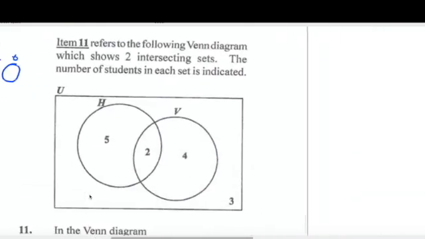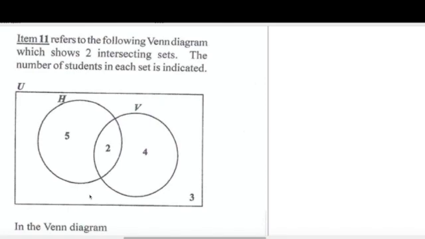Number 11 refers to the following Venn diagram, which shows two intersecting sets. The number of students in each set is indicated. So we have students in a set here, and we have the set H, the set V. We could see we have, important to note, 3 students who are not in any of the sets.